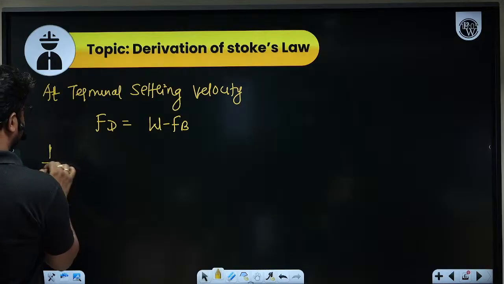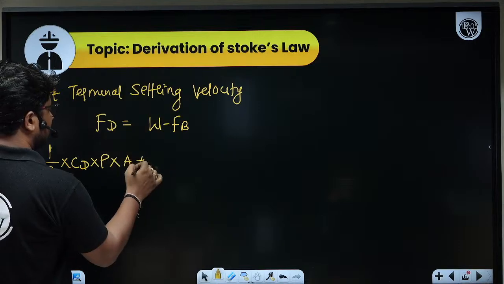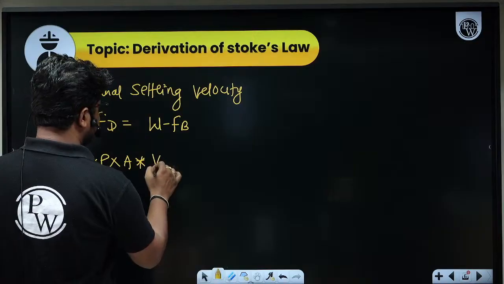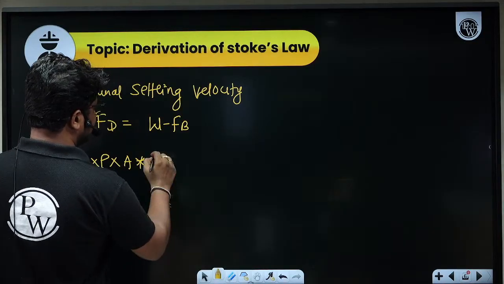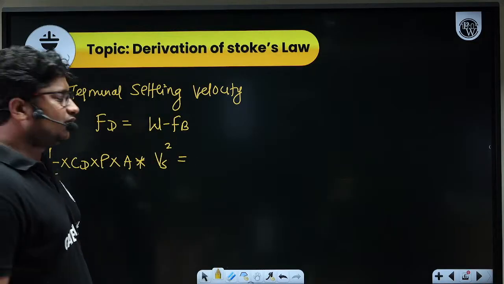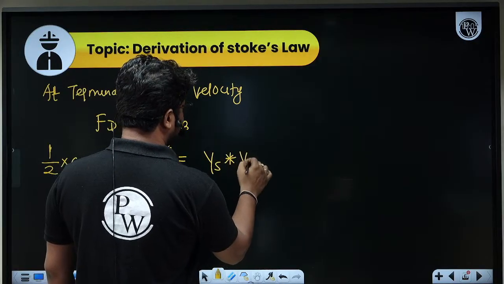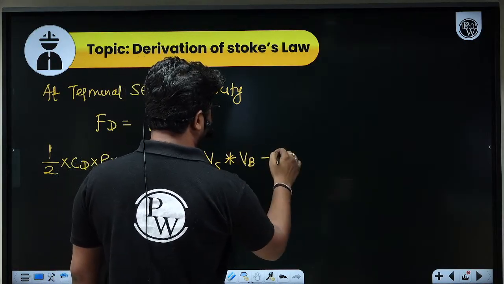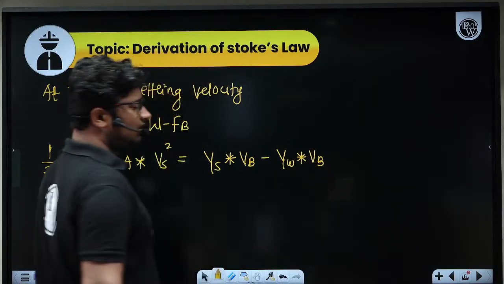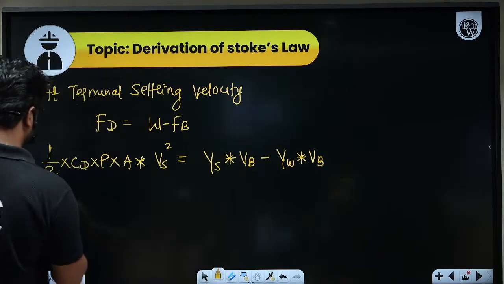The drag force formula is known to you: half into CD into rho into area into Vs square, where the particle is moving with velocity Vs. Now weight is specific weight into volume of the body, minus the buoyant force, which is gamma W into volume of the body. Am I right? No issue. The buoyant force formula you already know.